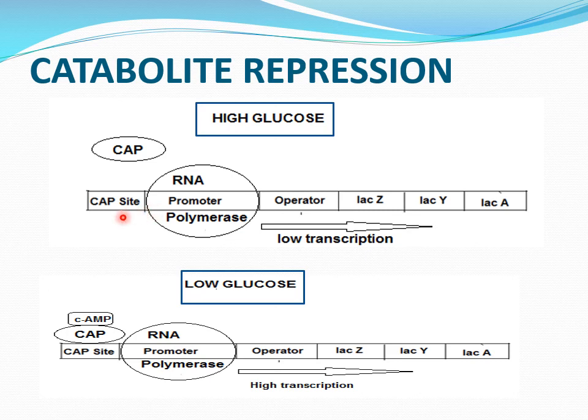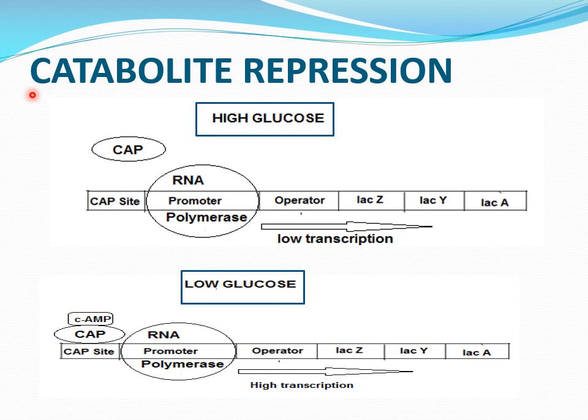This CAP, the catabolite activator protein, is responsible for the production of cyclic AMP. This cyclic AMP binds to nucleotide regions that are present upstream of this promoter sequence, and in the presence of this cyclic AMP, this RNA polymerase binds to this sequence.